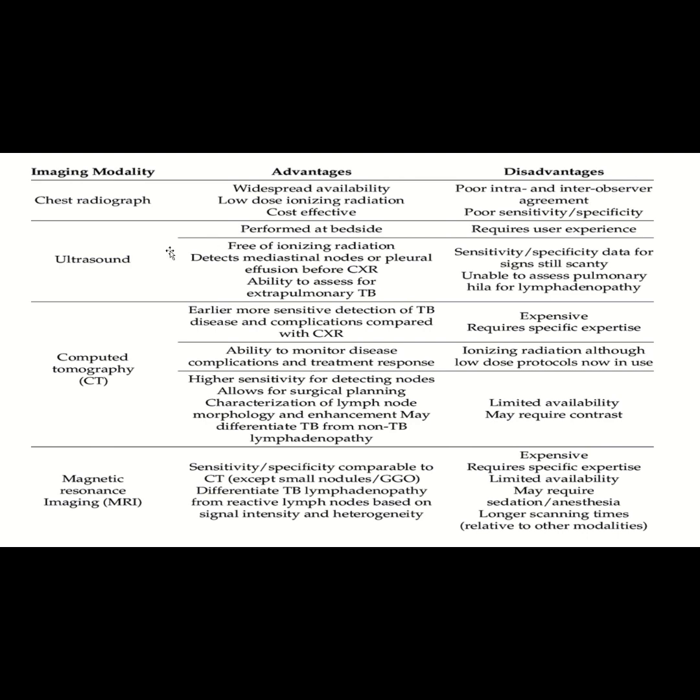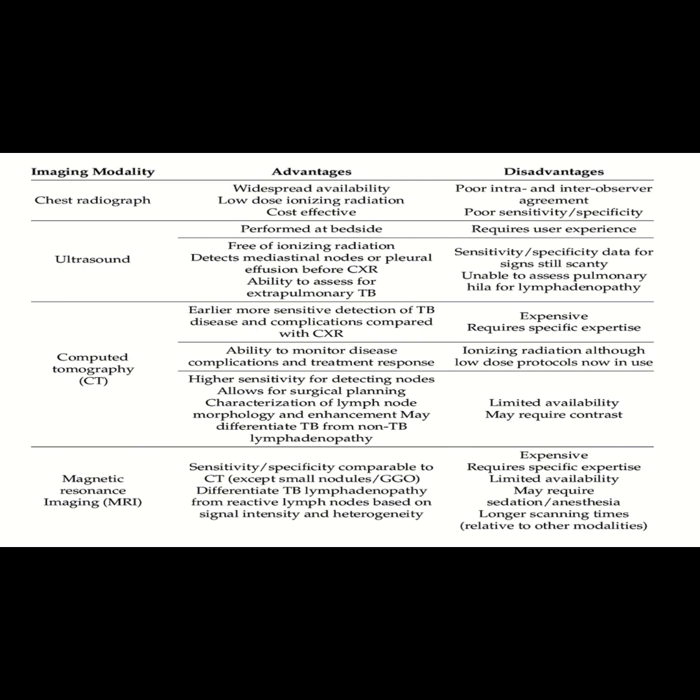Ultrasound is performed at bedside, free of ionizing radiation, detects effusion before X-ray, and has the ability to see abscess or pulmonary and extrapulmonary tuberculosis, but it is unable to assess pulmonary hilar lymphadenopathy. And CT, no doubt, is a basic and very well defined and detailed scan for the chest.